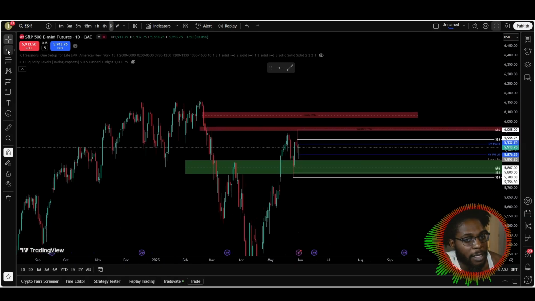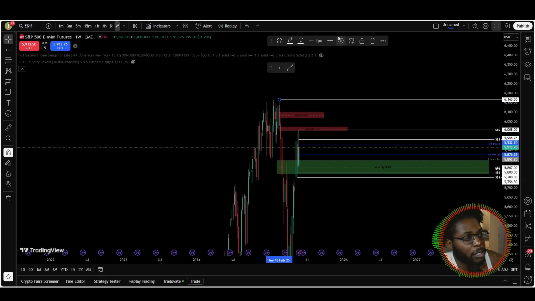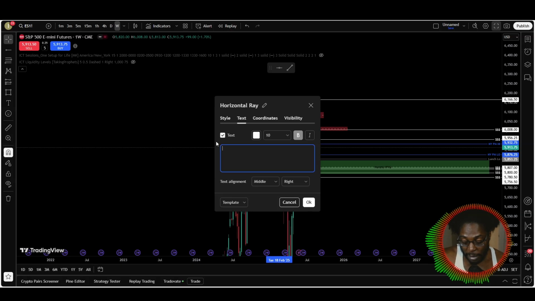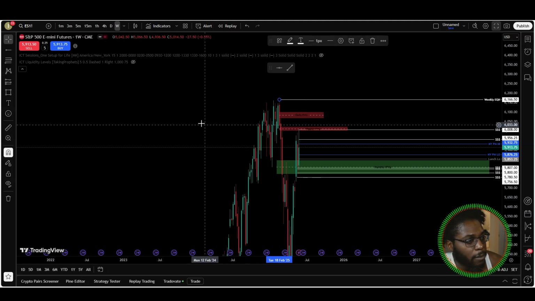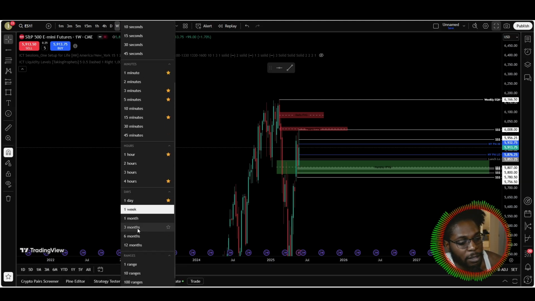That's our daily, and then this is probably a weekly high up here. So what I'm going to type right here is that these are weekly equal highs. And let's look on the monthly, see what that looks like too.